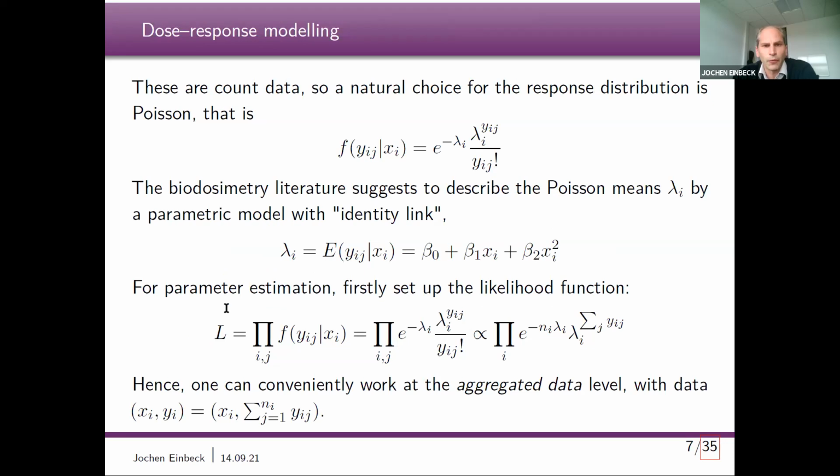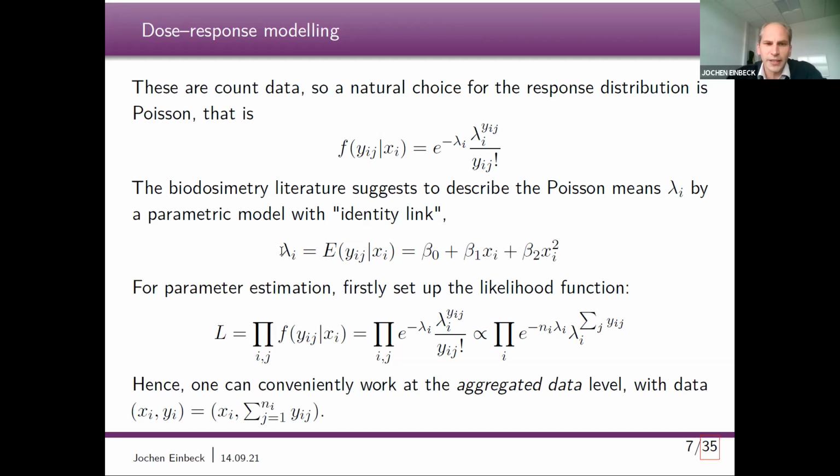Okay, for that model, the biodosimetry literature suggests a quadratic model with identity link. Identity link simply means that I don't have any transformation here. So if you would put the average statistician onto that problem, they would tell you, well, these are count data. This is a type of generalized linear model. You need a log link.